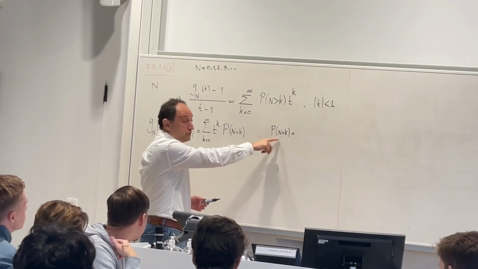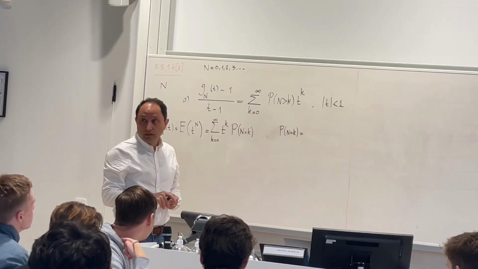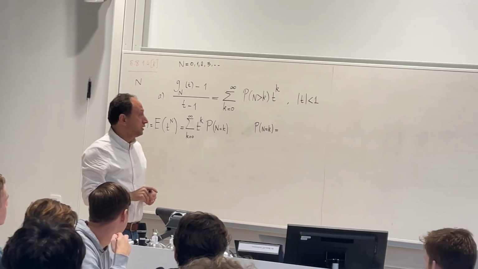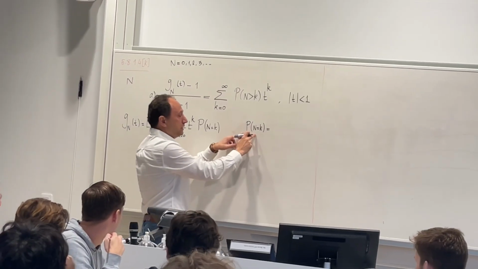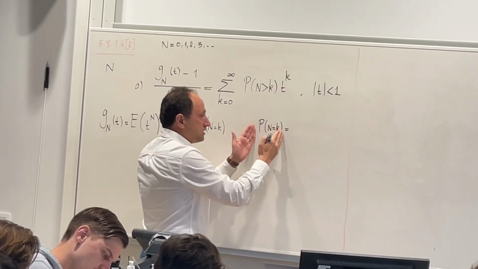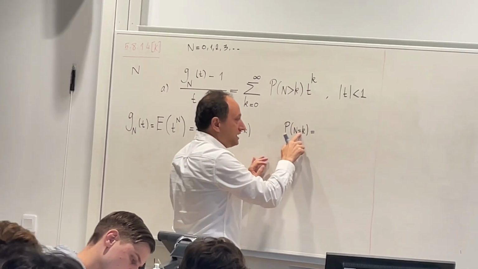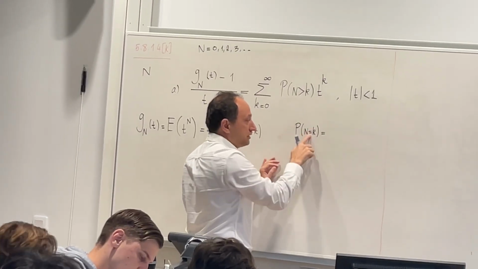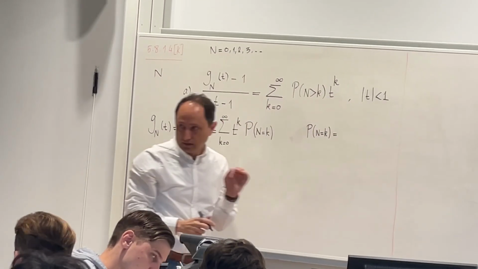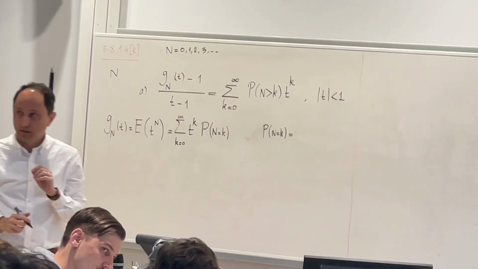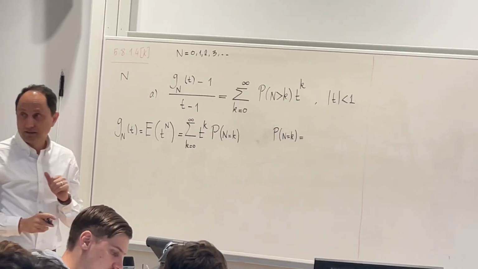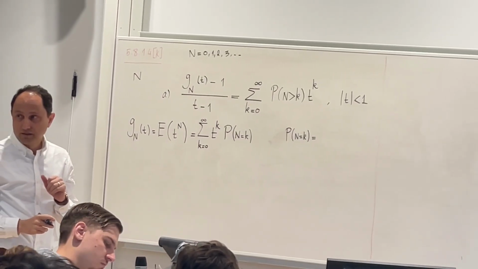No, if it is equal to k. No, but if we want to make it equal to, no, I'm asking you, write this as the probability in which I see a greater than sign rather than an equality sign. Yes? Or minus the probability that n is greater than k minus the probability that n is less than k.